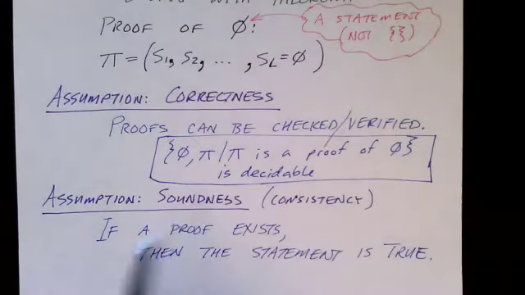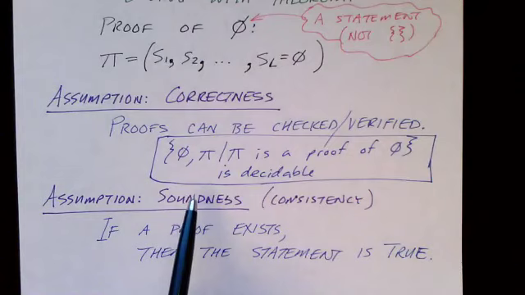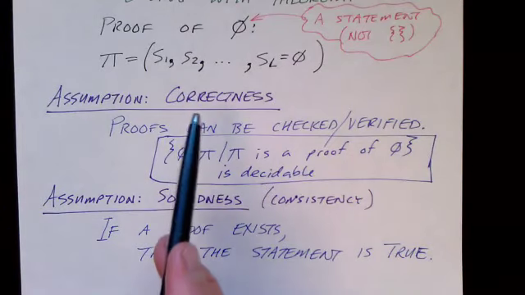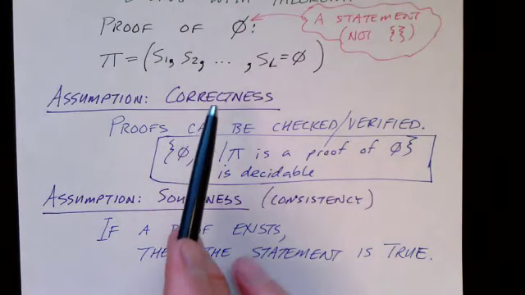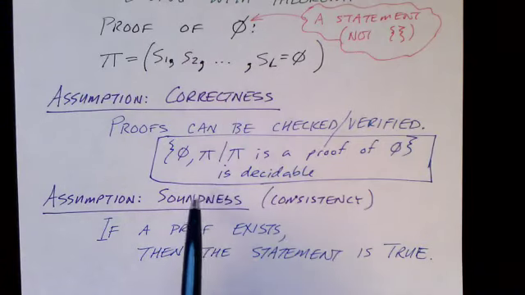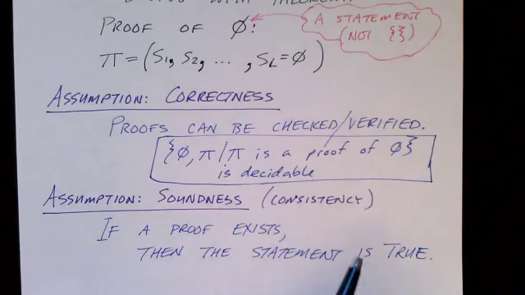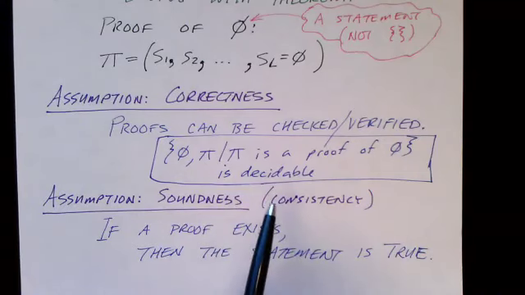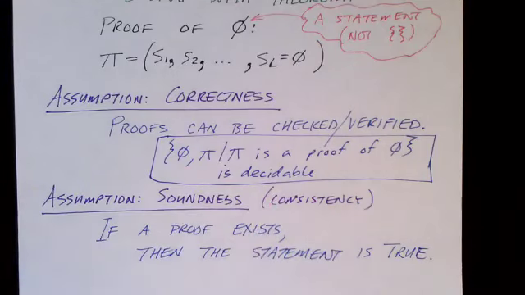It better be correct and it better be sound. We better be able to check whether the proof is legitimate and the steps are followed correctly. And if we can prove something, then that thing better be true. We don't allow inconsistent proof procedures that would allow us to prove things that are not true.